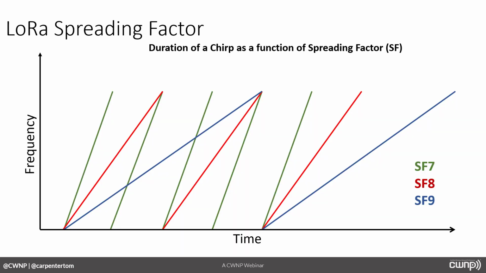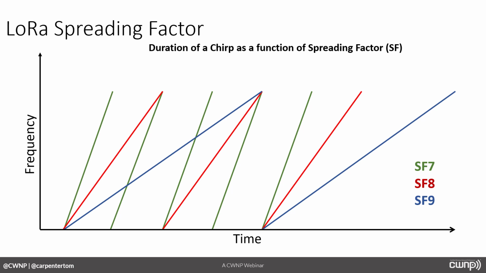So spreading factor, here's a graphical representation of it, and then I'm actually going to show you a spectrum capture so you can see it there as well. So the green is SF7, the red is SF8, and the blue is SF9. So look at the amount of time, but notice we're not using any more frequency. So we've still got the same frequency bandwidth, 125 kilohertz or what have you, right?